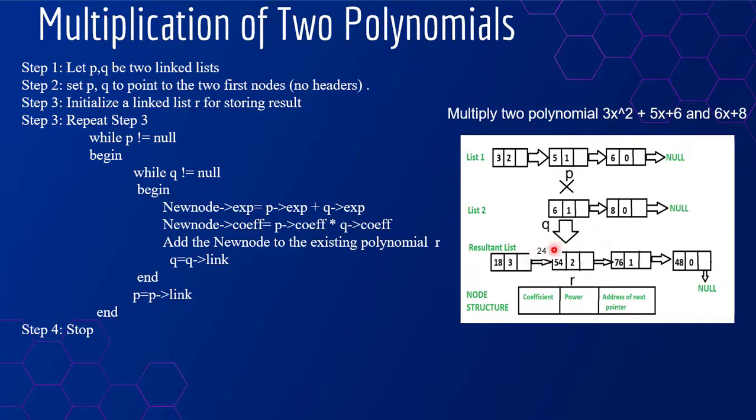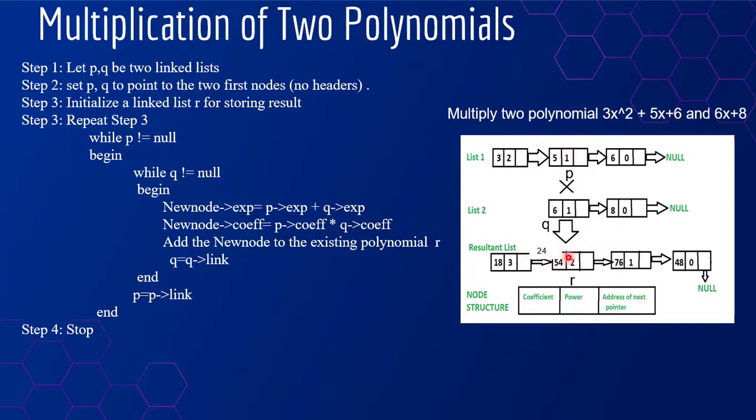To add it to the previous linked list, we have to check whether this exponent 2 already exists or not. Yes, it already exists. The coefficient is 24 and exponent is 2, right? Now you have to add the new node to this already existing node.